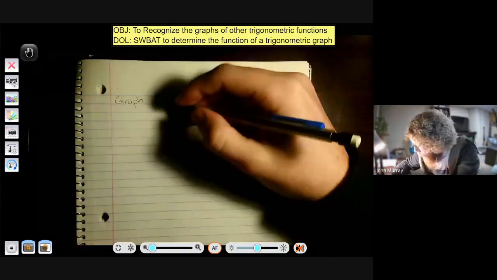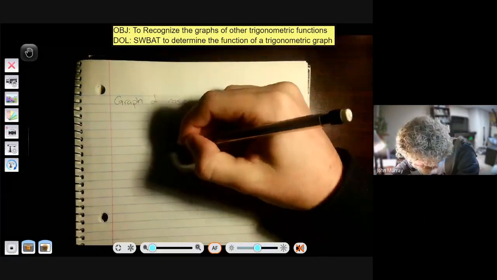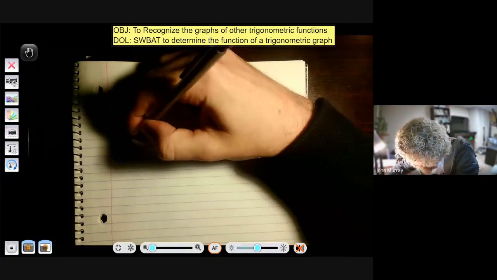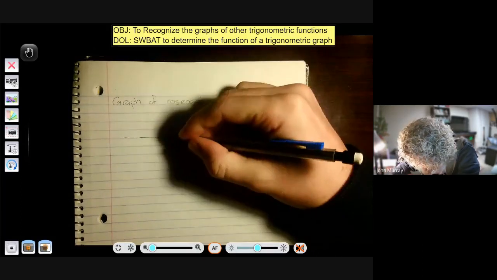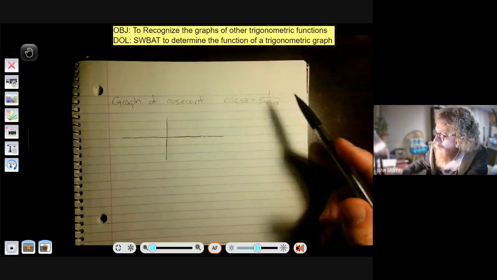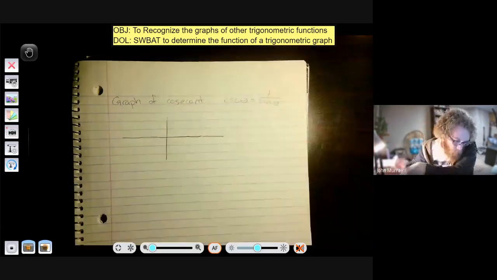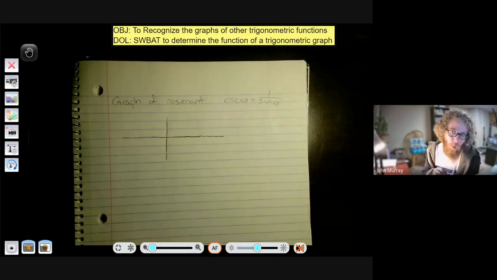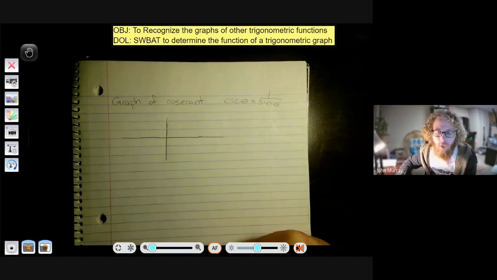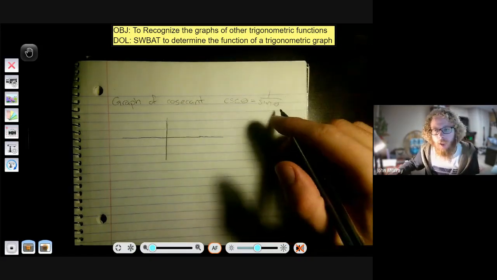So we have a few things happening here. So again, our sine function, we have zeros for sine. So for cosecant, we're going to have more asymptotes, right?